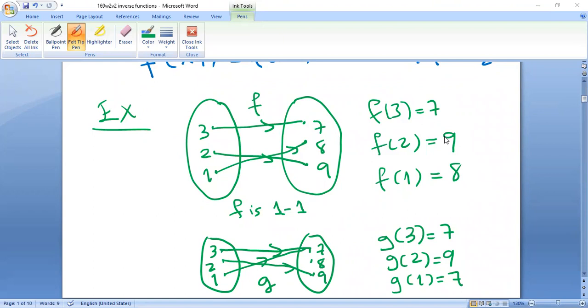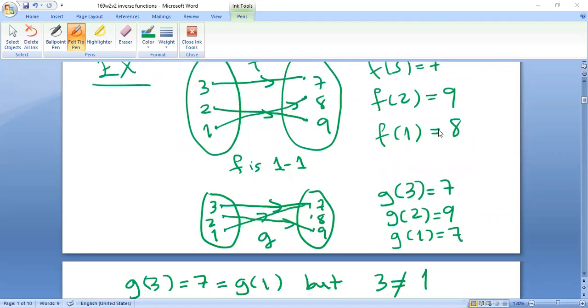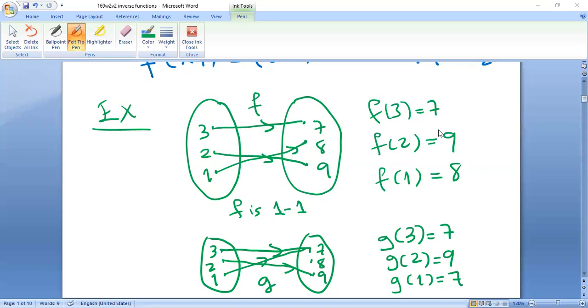Let's say f is a function sending 3 to 7, sending 2 to 9, and sending 1 to 8. So in this case, as we see, every input is mapped to exactly one output. So this example is a one-to-one function.